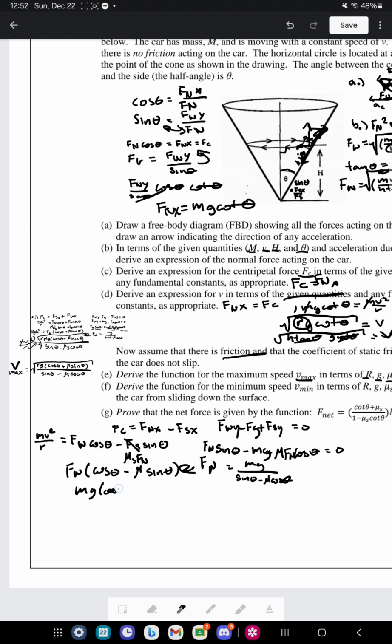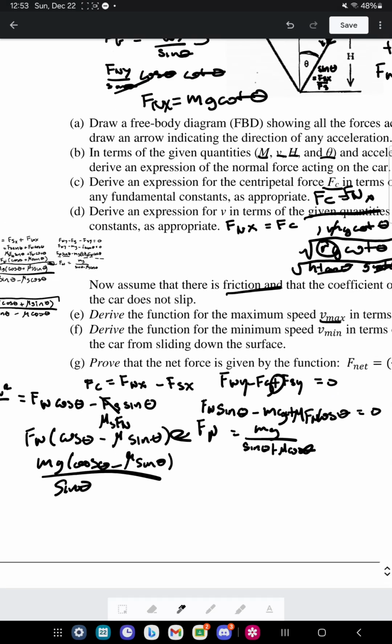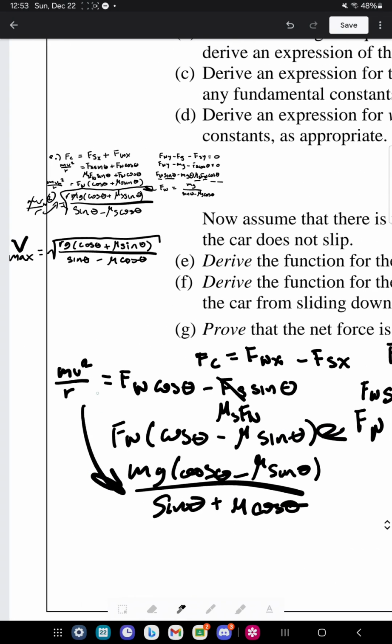Mg cos theta minus mu sine theta over sine theta, oh right, this is a plus because there is a plus sign right here. G plus mu cosine theta, and that equals this.